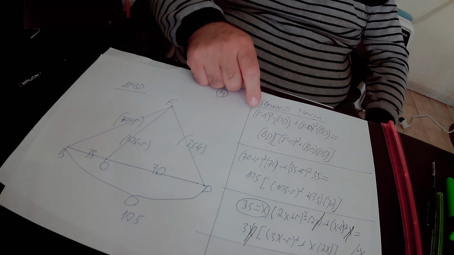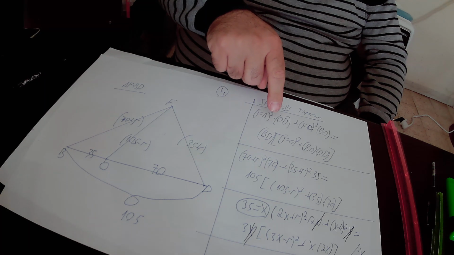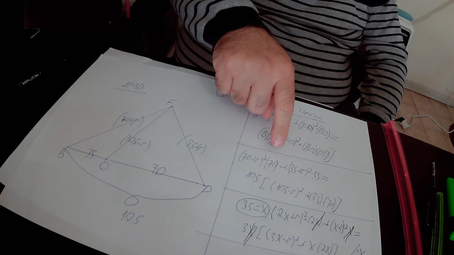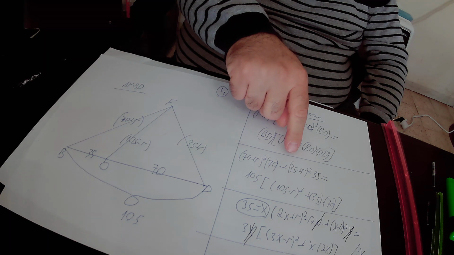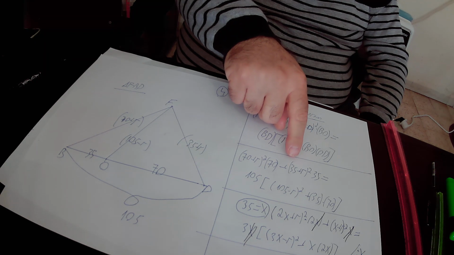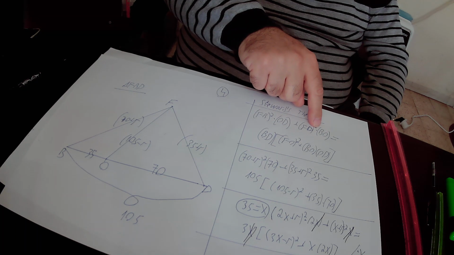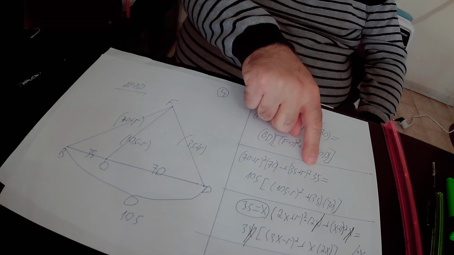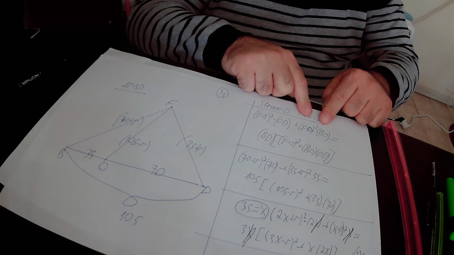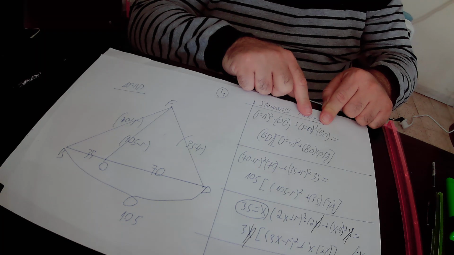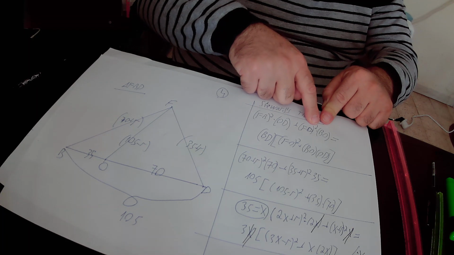FB is 70 plus R, therefore FB squared is (70 plus R) squared times OD. OD is 70, so we substitute OD by 70, plus FD squared. FD is 35 plus R, therefore FD squared is (35 plus R) squared times BO.